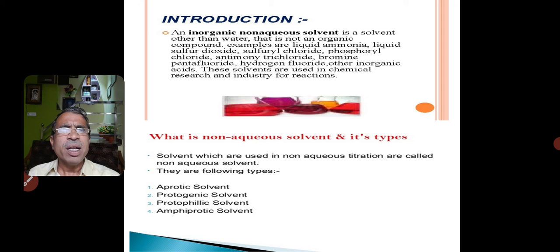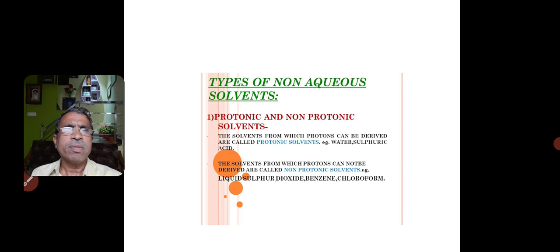Now the same thing I have given in this slide: the introduction of the inorganic non-aqueous solvents, what is a non-aqueous solvent and its types. I've said about aprotic solvents, protogenic solvents, protophilic solvents, amphiprotic solvents. So this is another way of classification.